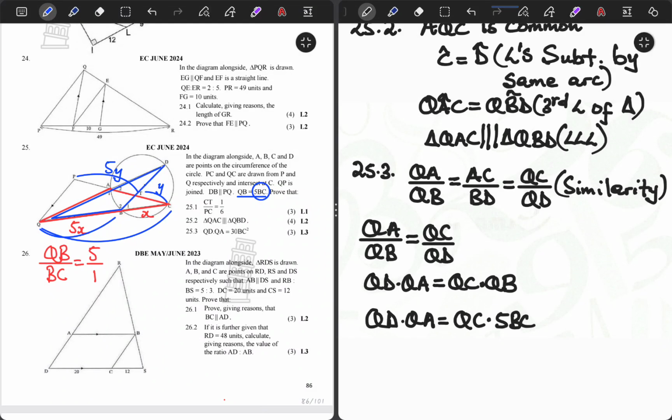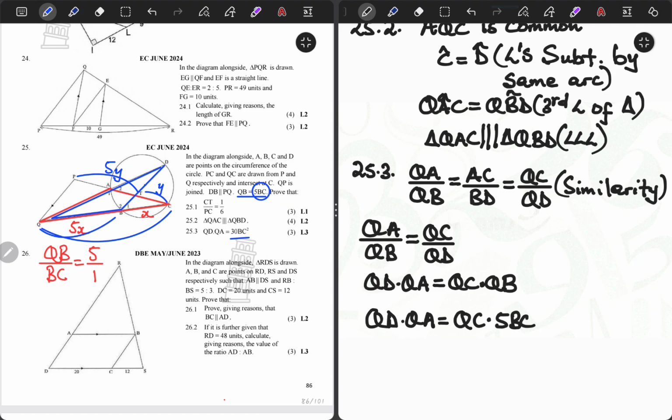This is what we have so far. For us to have 30 BC squared, QC must be 6 BC. So where do we get 6 BC?